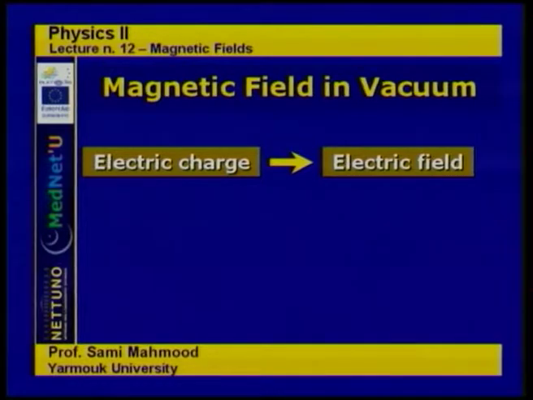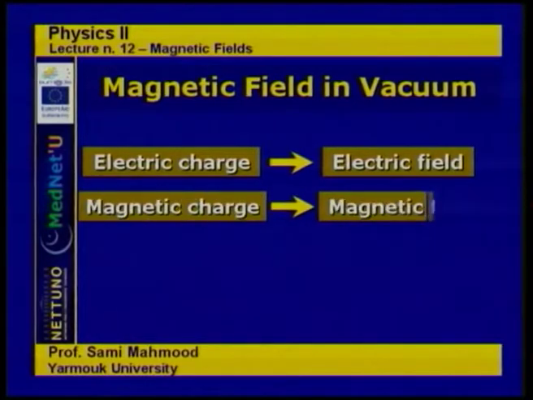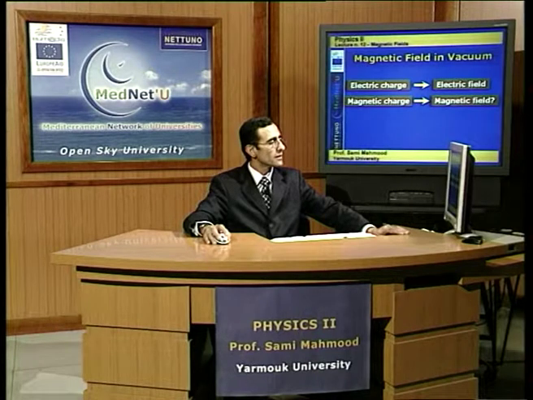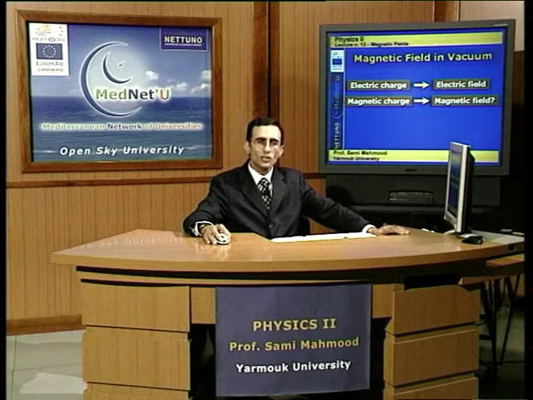Now, since we see also magnetic force effects around a magnetized piece, the question arises, would magnetic charges exist and lead to the onset of a magnetic field in space? Is that question valid? Do we have magnetic charges in the same way that we have electric charges that introduce electric field?